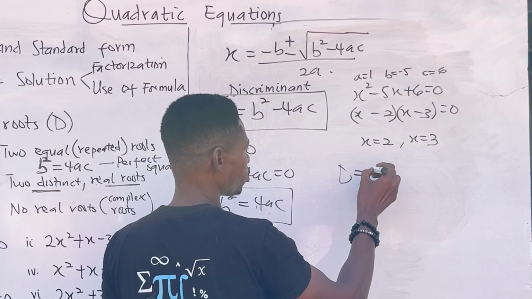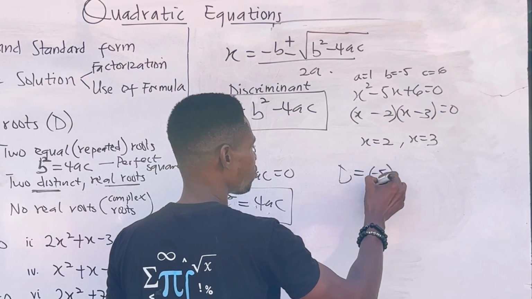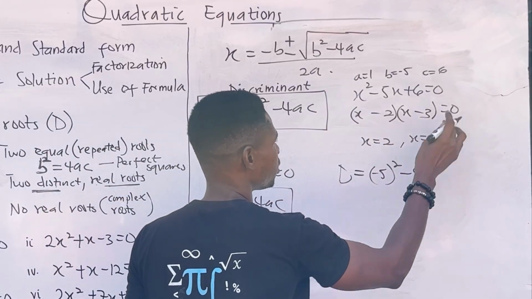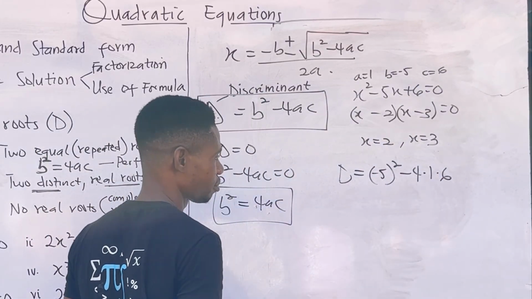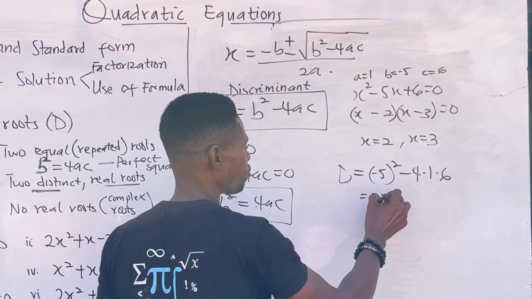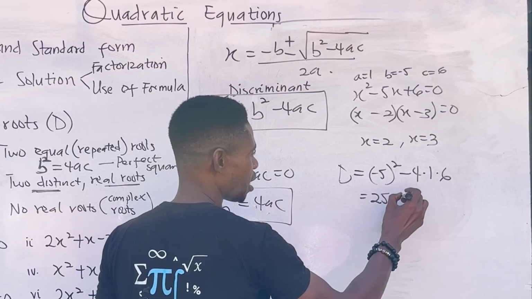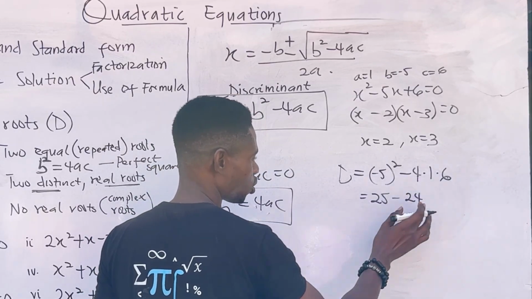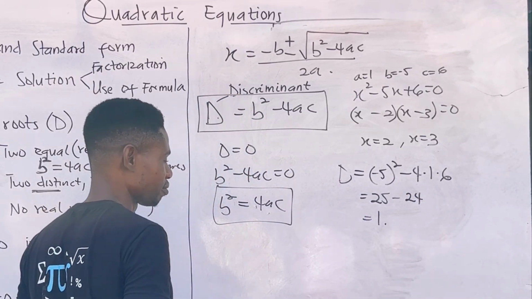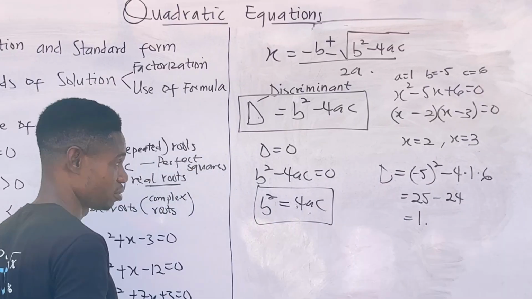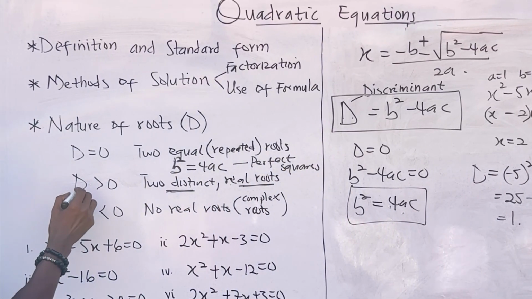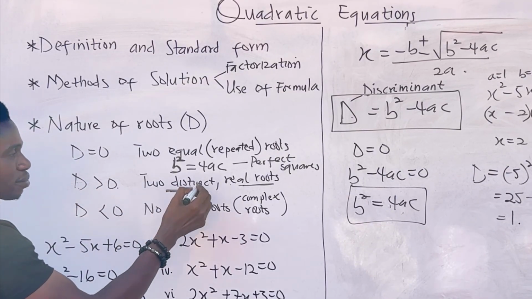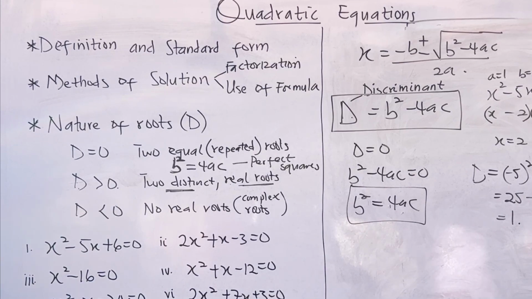So our d is minus 5 squared, minus 4 times 1 times 6. So we'll have 25, that's minus 5 squared, minus 24, that's 4 multiplied by 6. Our d is 1. So 1 is bigger than 0. So that's why this is correct, because it says if d is bigger than 0, you're going to get two distinct and real roots.